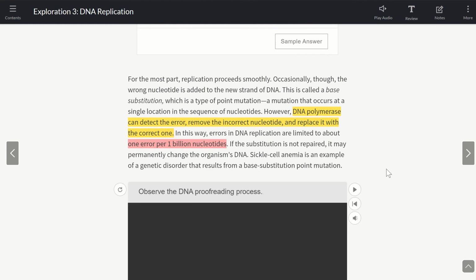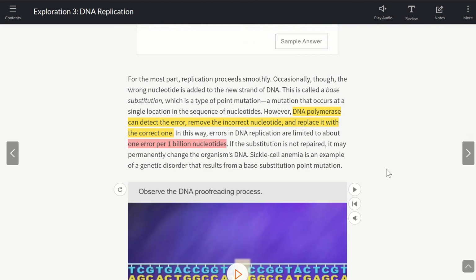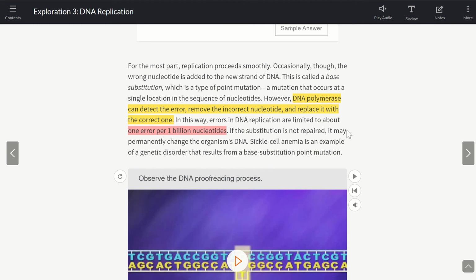Now again, this process is super cool because it happens very quickly and with an incredibly small number of errors. DNA polymerase has the ability to spell check itself. It's kind of like when you send a text message or when you send an email. There's an autocorrect feature along with most of these things that are going to catch a lot of the errors.